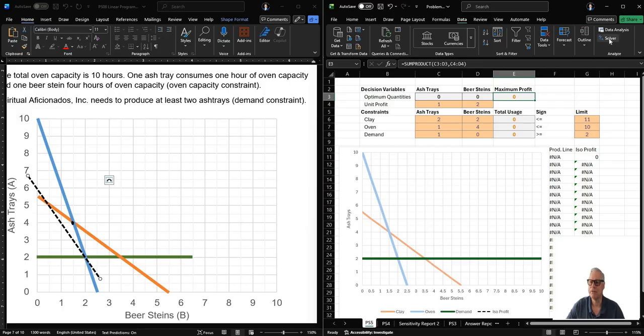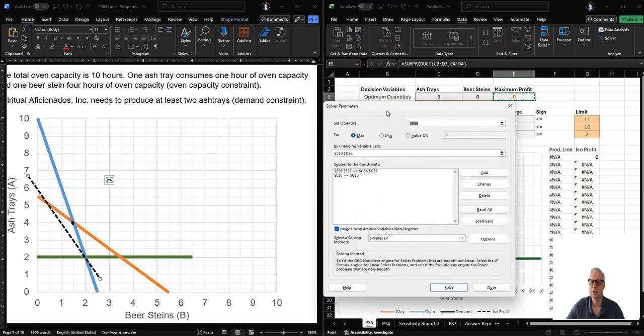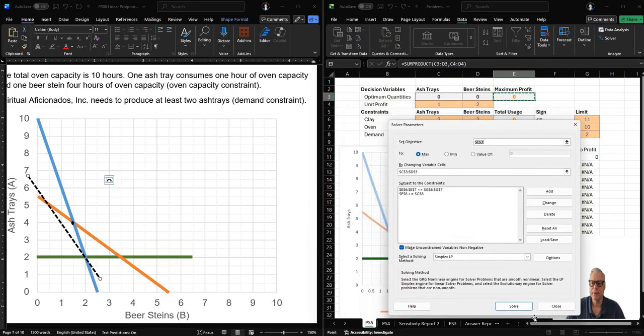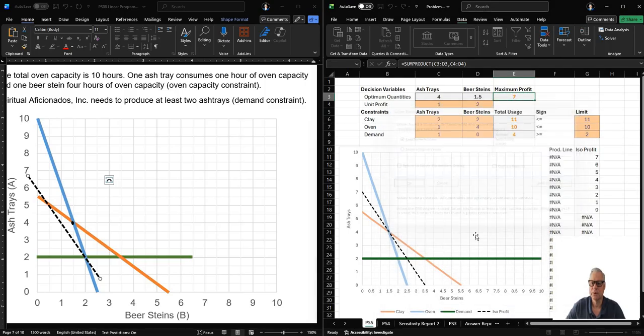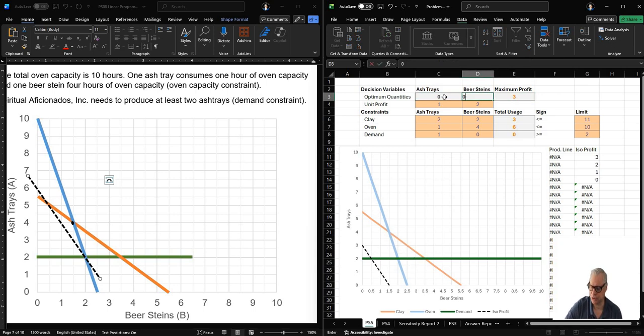And so let's see what we get if we initialize everything with 0, 0. And we solve it. Okay. So Excel gives us 4 and 1.5 because I haven't added yet the integer constraint. Okay, let's go back to 0, 0.